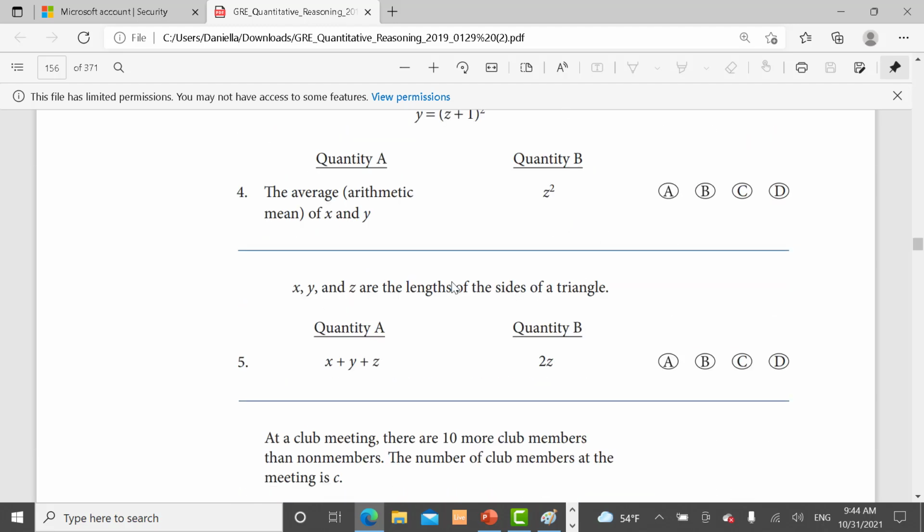Now the last problem of today. I'm gonna do just 5 problems every day. X, Y, Z are the lengths of the sides of a triangle. Quantity A is X plus Y plus Z, and quantity B is 2Z.